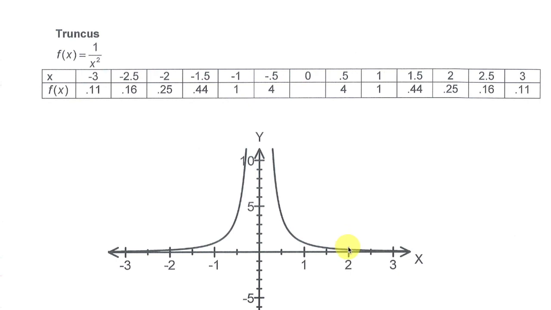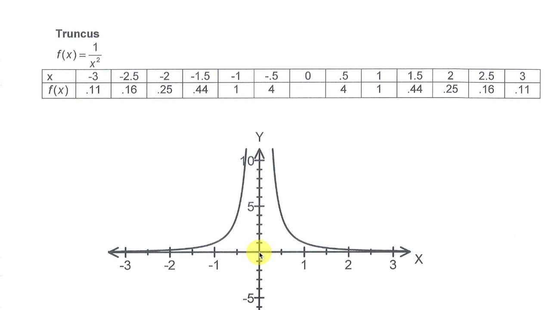And imagine if we had x equaling 10, we would have 1 over 10 squared, which would become 1 over 100. So what you see here is that as x increases, the values of y approach 0 very quickly, much more quickly than the hyperbola.